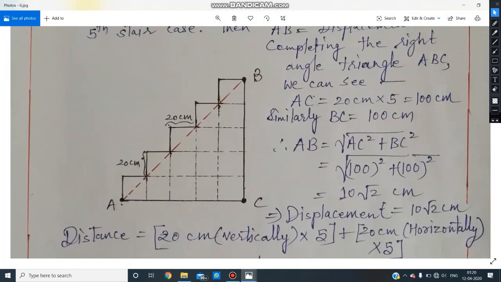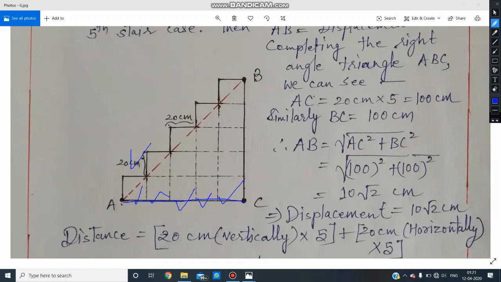Now, here is how to calculate AC and BC, which will help us to find the value of displacement. AC can be easily seen that it is 5 times 20 centimeter. 1, 2, 3, 4 and 5.